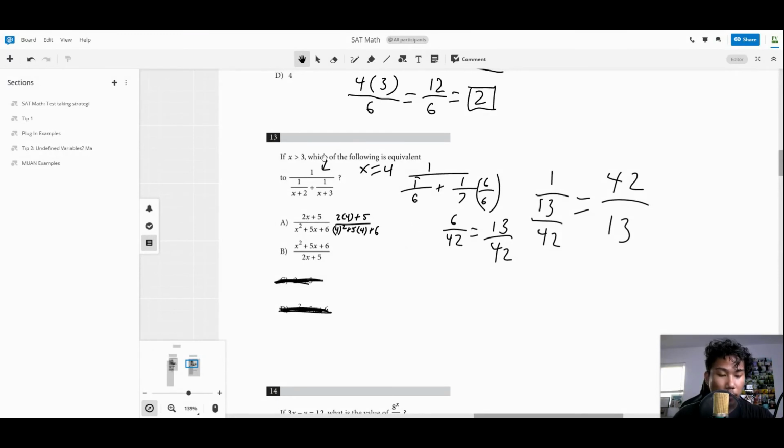Right? So 2 times 4 is 8 plus 5. 8 plus 5 is 13. And right off the bat, since I have 13 in the numerator, I already know that A is wrong, which leaves me with B being my correct answer. Again, process of elimination is going to be your best friend during this test and any multiple choice tests that you'll be taking in the future.